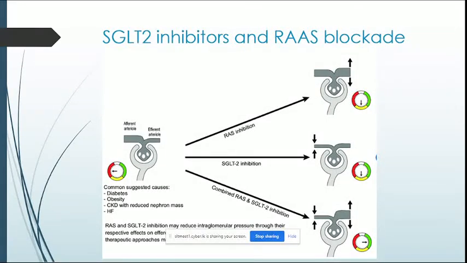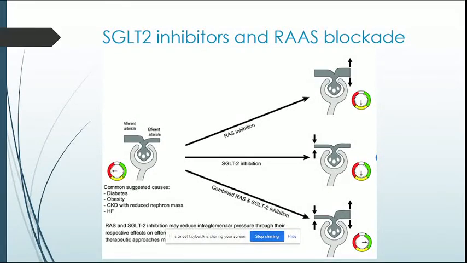So when we use SGLT2 inhibitors and renin-angiotensin system blockade, these hemodynamic changes are restored to a certain extent. When a patient has diabetes or CKD, the afferent arteriole is dilated and the efferent arteriole is constricted. When you use renin-angiotensin inhibitors, either ACE inhibitor or angiotensin receptor blocker, your efferent arteriole is dilated.